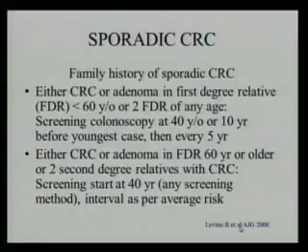The other scenario: if you have a family history of colon cancer or adenoma in a first-degree relative older than the age of 60, or two second-degree relatives with colorectal cancer regardless of their age, you can start screening early at the age of 40, but you can use any method of screening if the patient doesn't want to do colonoscopy.